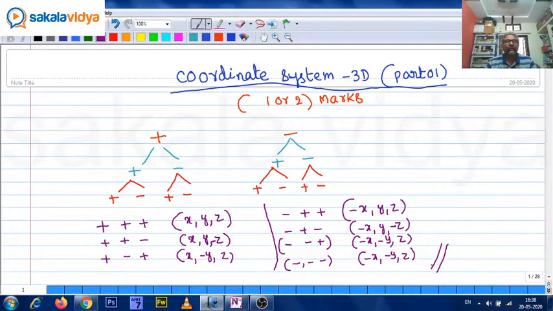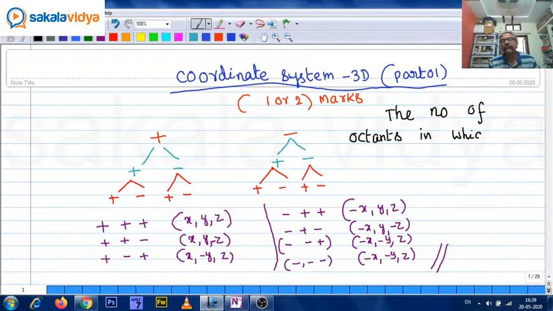Understood now? And one more thing: for example, if I ask you one question, the number of octants in which x coordinates are positive.